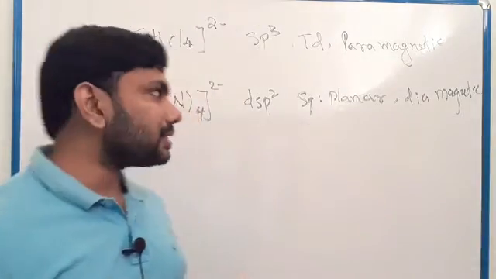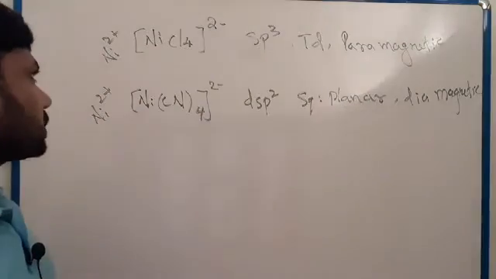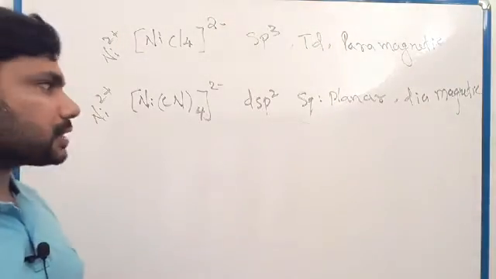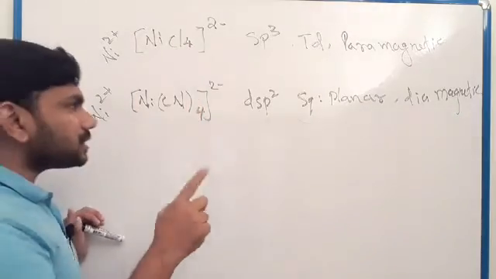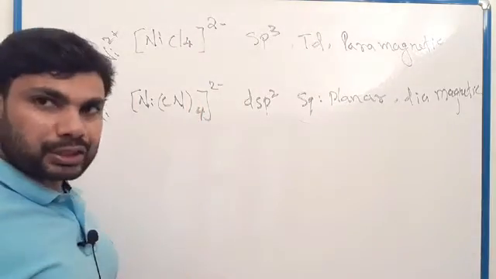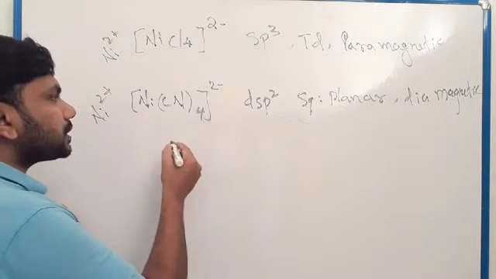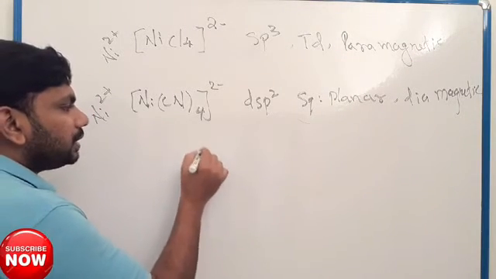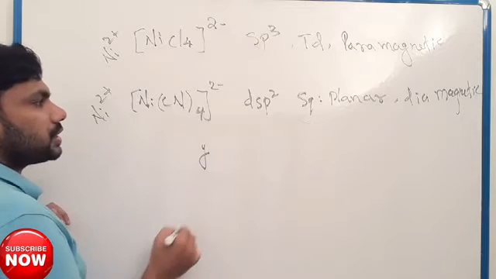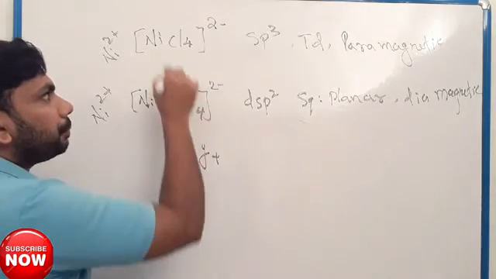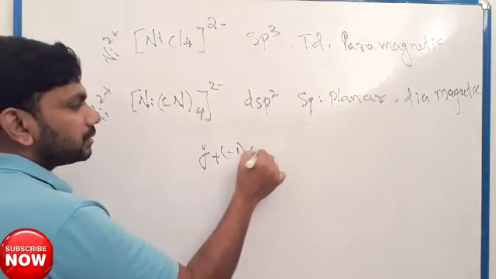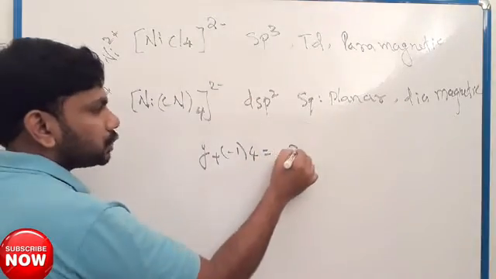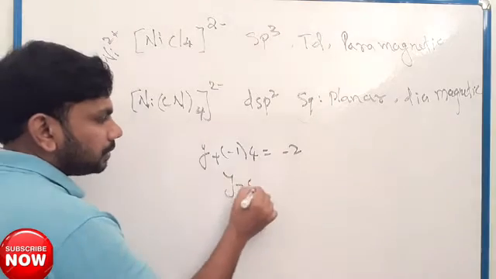In both cases you can find the oxidation state of nickel. Chlorine has minus 1 charge, CN also minus 1 charge, and 4 ligands are there, so minus 4.